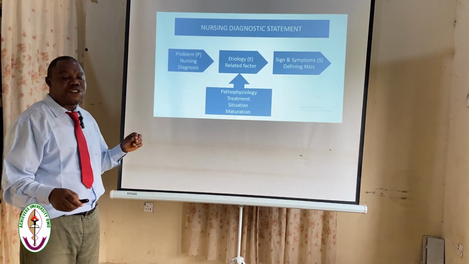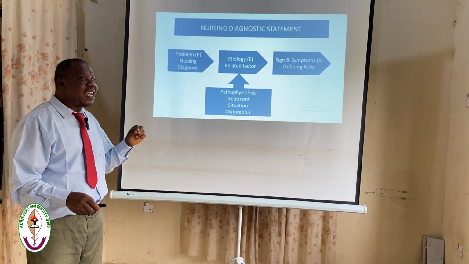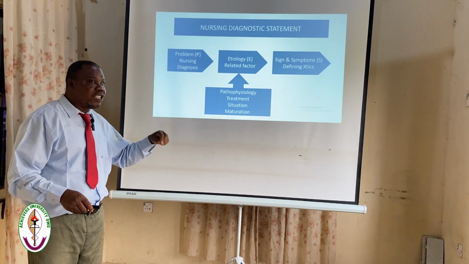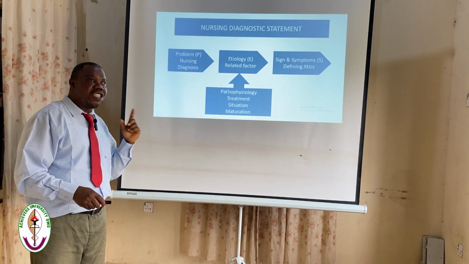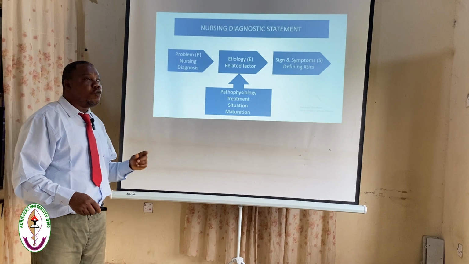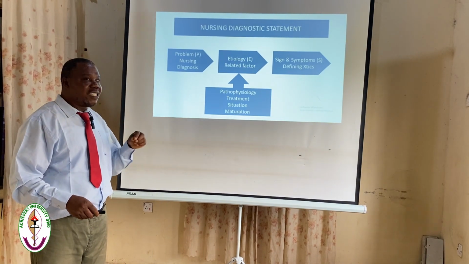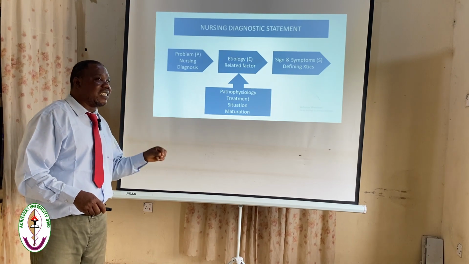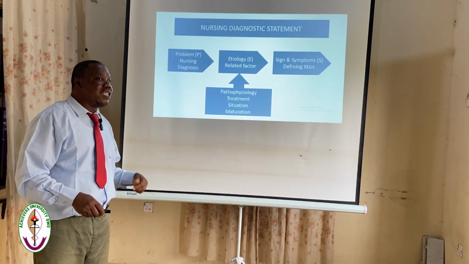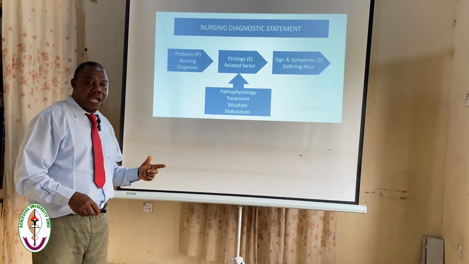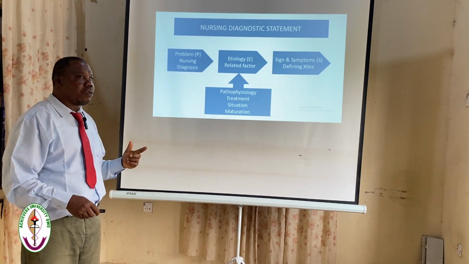These things, the pathophysiology: you must be able to relate the nursing process to the pathophysiology of that disease condition, not the medical diagnosis. You can relate it to the treatment. For example, IV lysis that we are giving that is making the patient urinate excessively. It's a treatment. And then you can also relate it to situation.